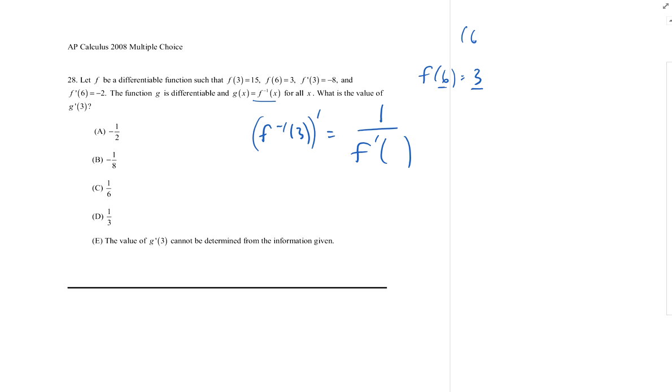So you could even write this: 6, 3 is on f. So f inverse of 3 is 6. That makes sense. So this is a corresponding x value that goes with the y value of 3. And that's 1 over f prime of 6, which is negative 2. So my answer is negative 1/2. Okay, that makes sense? Hope so. There you go.